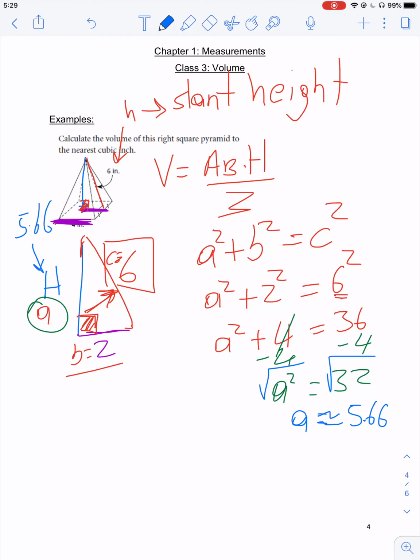So if I use the formula, I guess what I should do is find the area of the base. Let's just do that calculation separately. Let me remove the arrow because I'm going to be using that in a moment.